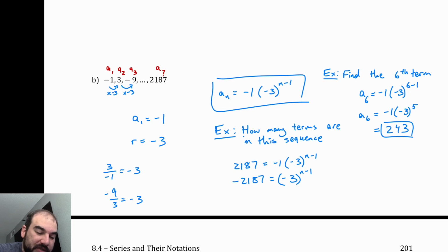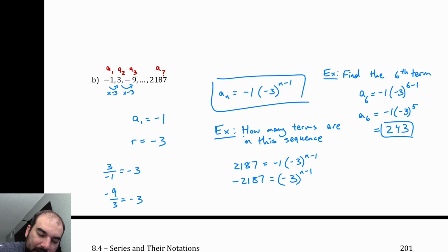While I could just take a natural log or a standard log of both sides, I could also write this as a power of 3, and then I know that my exponents have to match up. Actually, no, that would be dumb, because then why wouldn't I just know what this power is? Let's take the log of both sides.